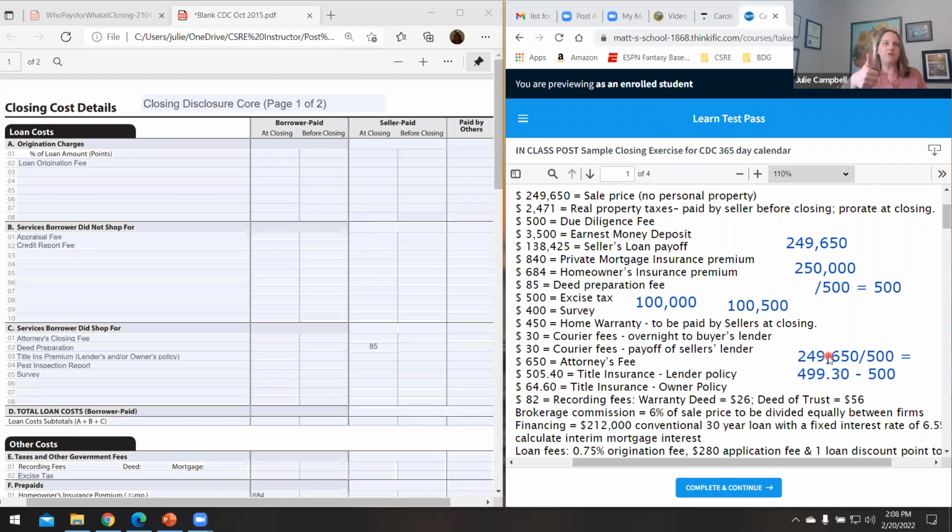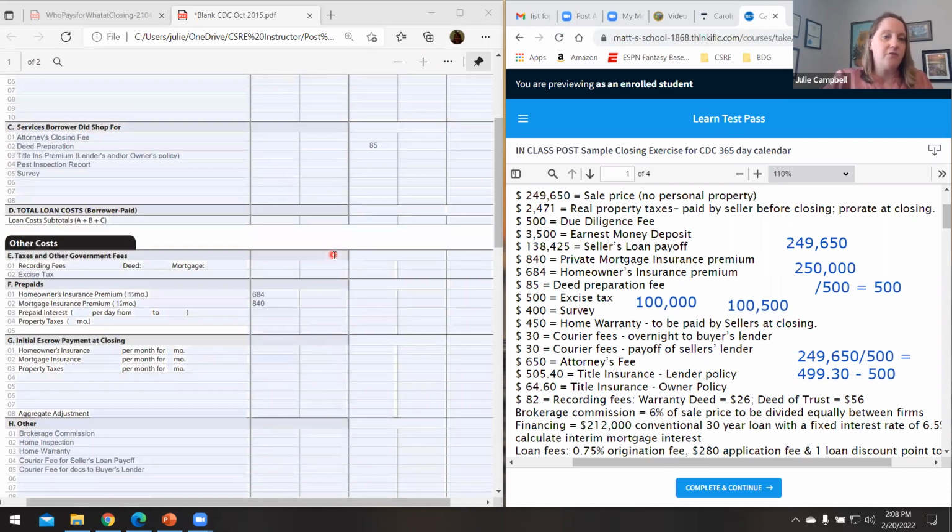Okay. So we're all in agreement, $500, no matter how you got to it. The seller owes excise tax for $500. Still on page 2, because excise tax gets paid to the government. The government's a third party. So still on page 2, under E as in Elizabeth, seller paid, you're going to put in $500.